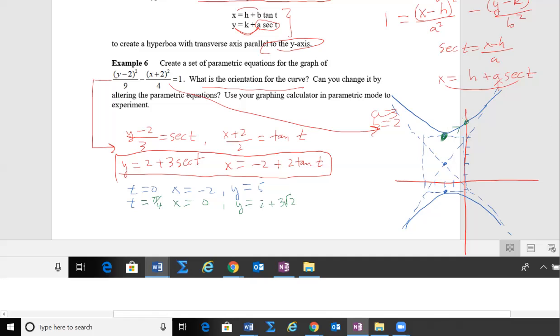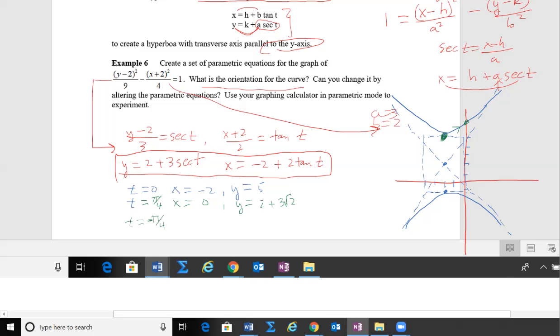Now what about the bottom piece? Well, depends on how this thing swings around. Let's try another value of t. Let's try t equals, I don't know, let's go negative pi over 4.